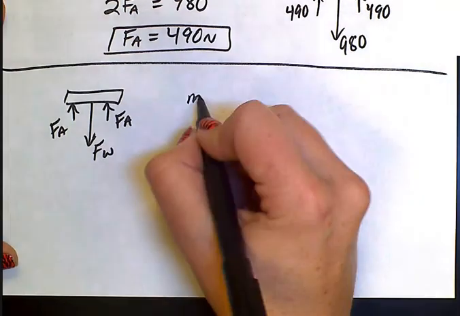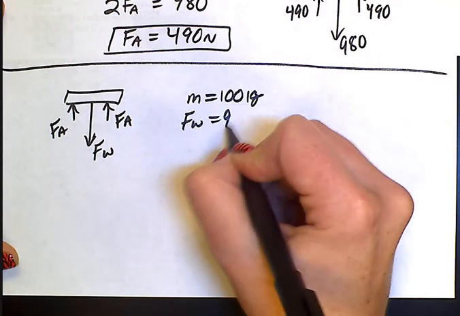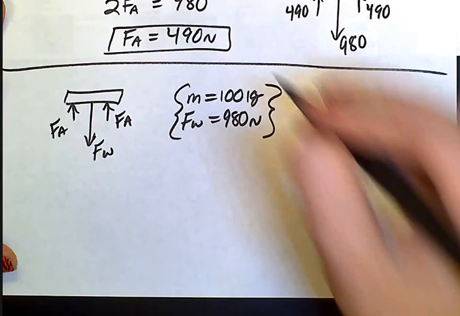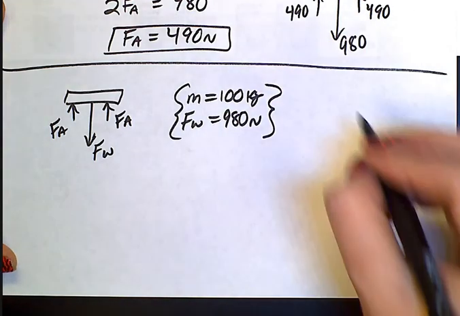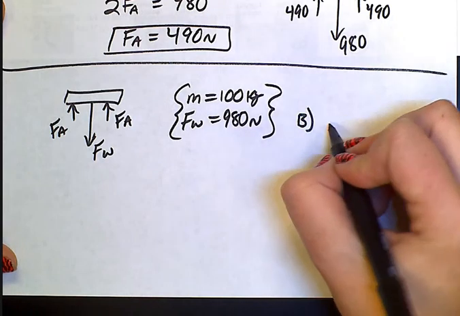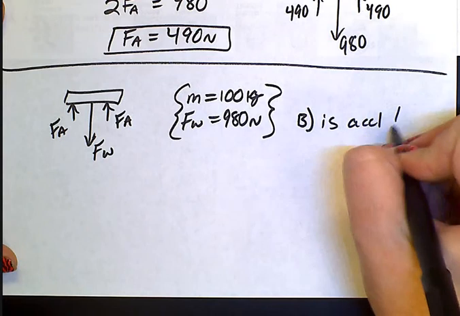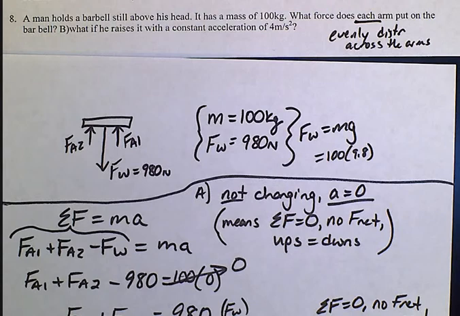Remember, the mass is still 100 kilograms and the weight is still 980 newtons. So that was just from the top part. Except this time, in part B, instead of being at rest, there is acceleration. The acceleration is positive 4.